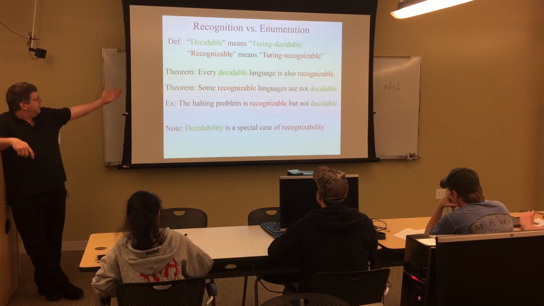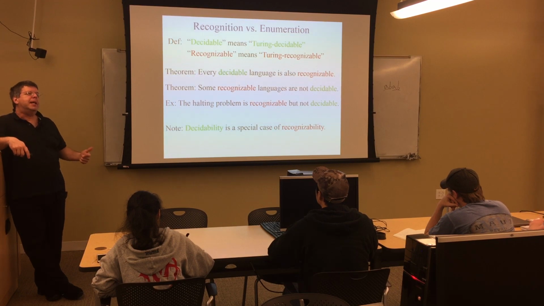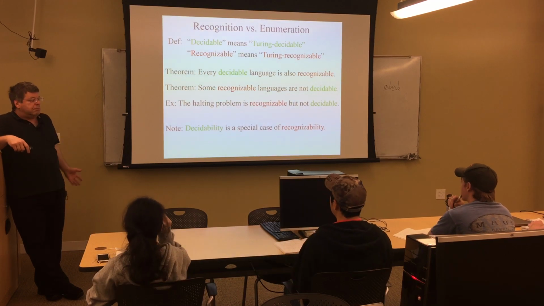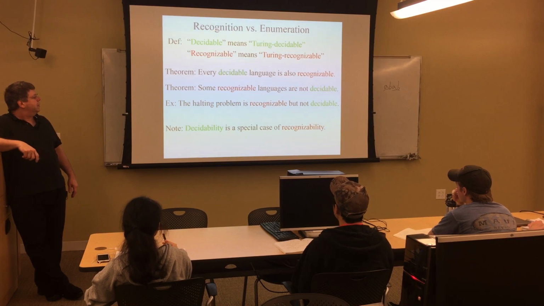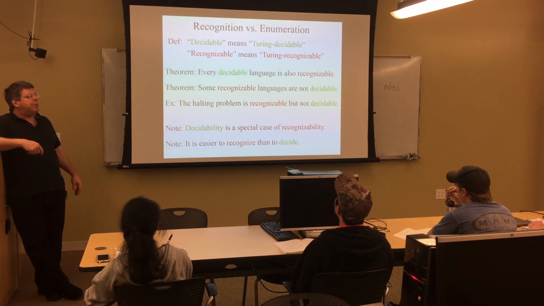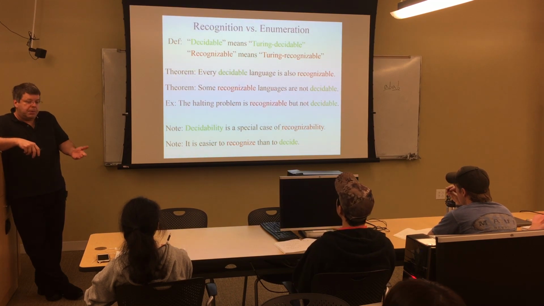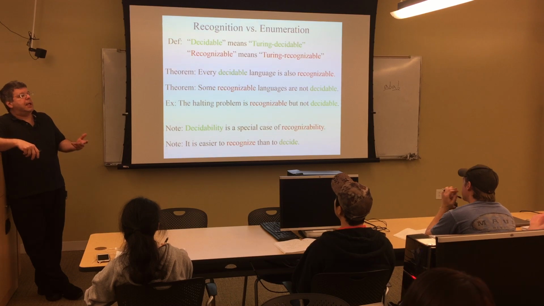So in other words, decidability is a special case of recognizability, when you can accept all the yes instances correctly and the no instances you reject explicitly as opposed to running forever. So in some sense, it's easier to recognize than to decide. The halting problem: it's easy to recognize.